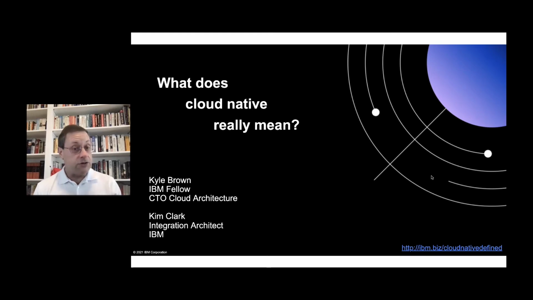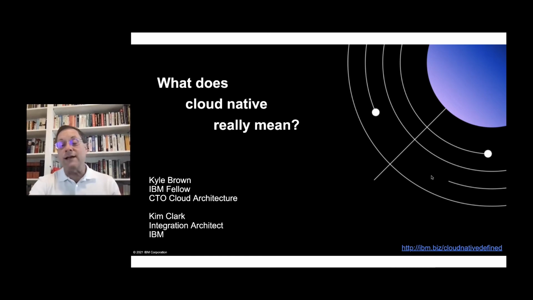And while technology is absolutely a critical part of cloud native development, it's not all of cloud native development. And Kim and I kept finding that we were having to walk people back and look at the bigger picture of what cloud native really encompasses and what it means.